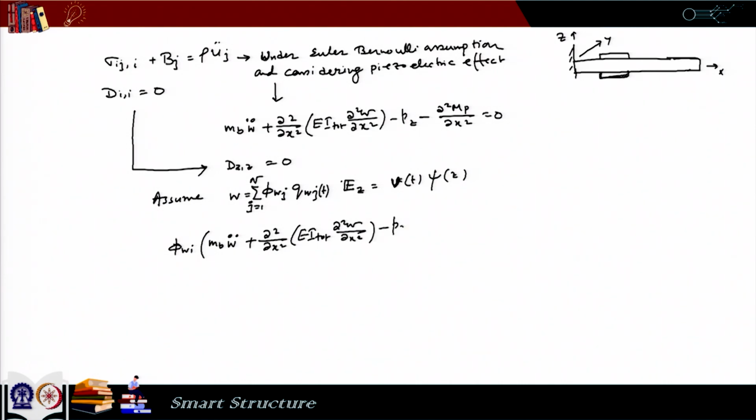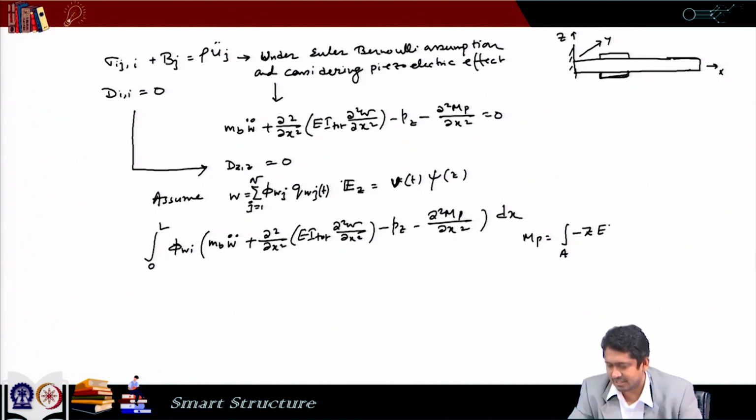In the first equation we put these approximations and integrate from 0 to L. And M_P, as per the definition, is the area integral of minus z times elastic modulus multiplied by the free strain, and free strain, as we know, is d31 multiplied by electric field E_z or E_3, whatever, E_z is equal to E_3, and we have already assumed E_z as this.